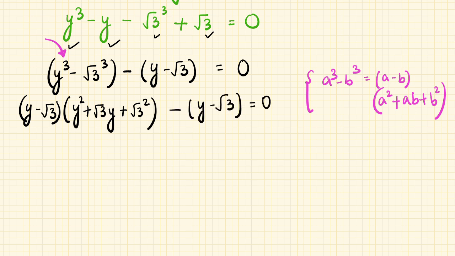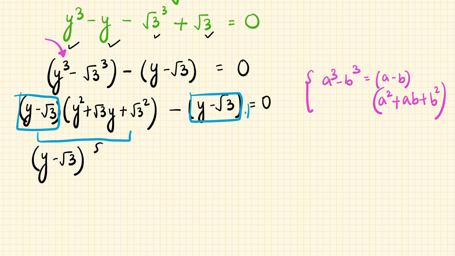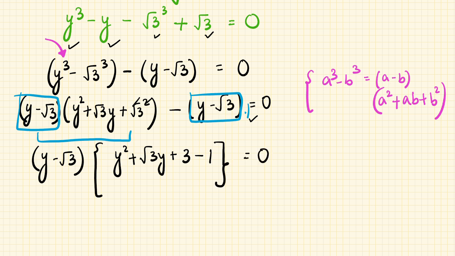Now just look at this part. This is the same in this term, and this is getting multiplied by 1. So inside we have y squared plus root 3 y plus 3 minus 1, right? Now y minus root 3 times y squared plus root 3 y plus 2 equals 0.